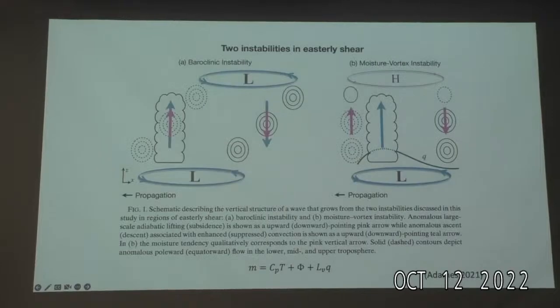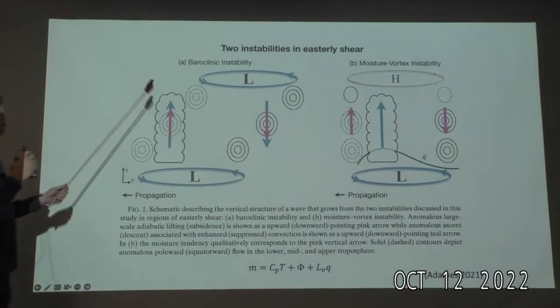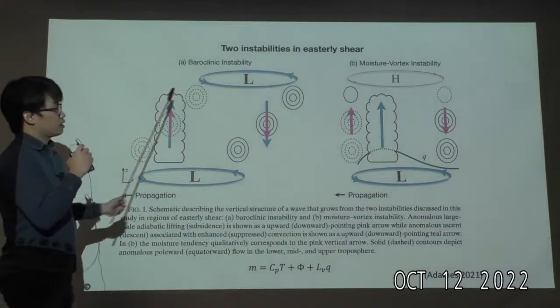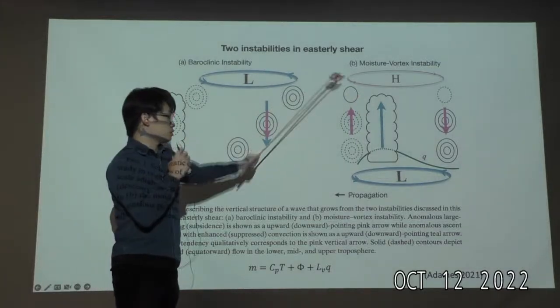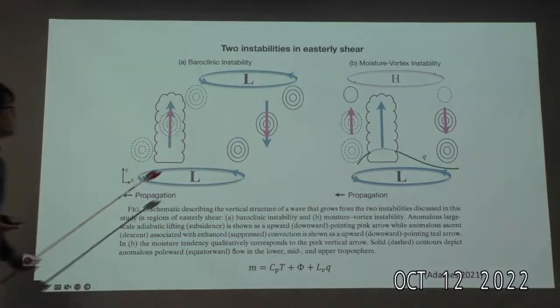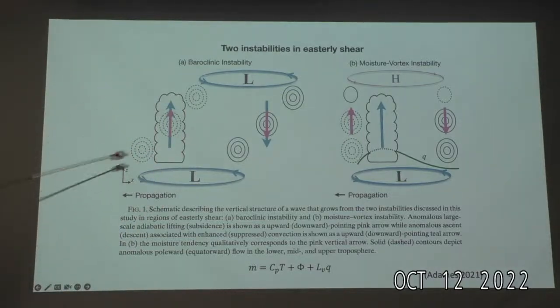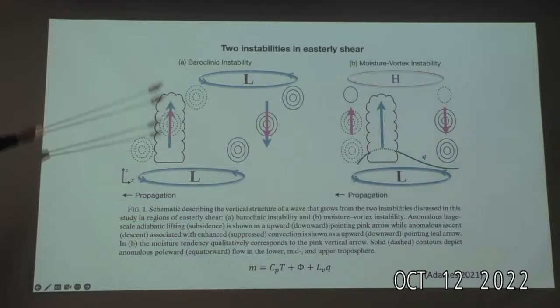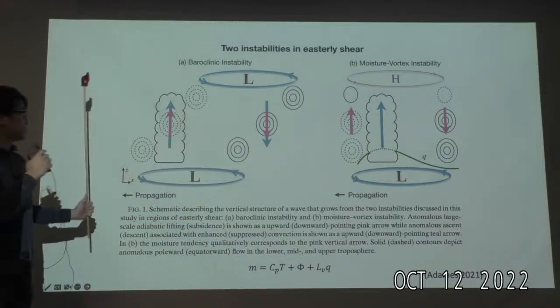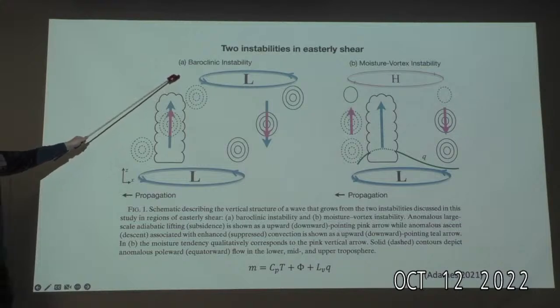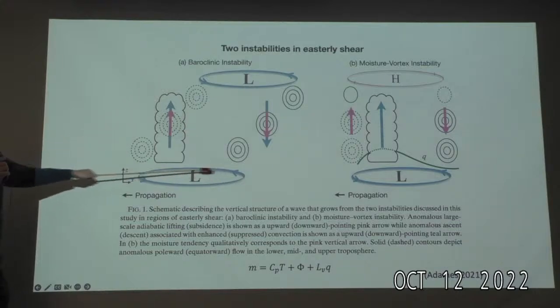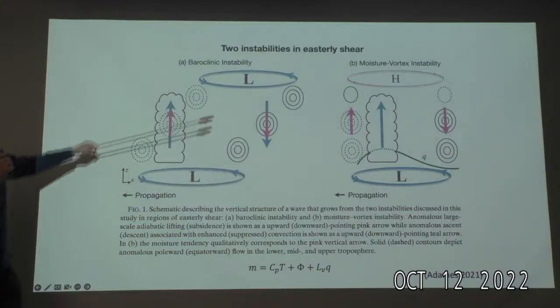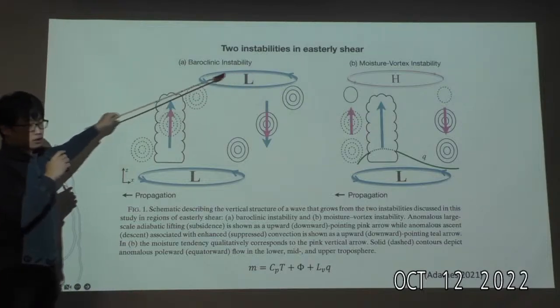So firstly, the difference between the baroclinic instability and the Moisture-Vortex instability. As you can see from these two plots, they are vertical cross sections. This is the bottom, and this is the top, and this is west, this is east. As for the baroclinic instability, there's a low pressure system on the surface, and also a low pressure system on the top.